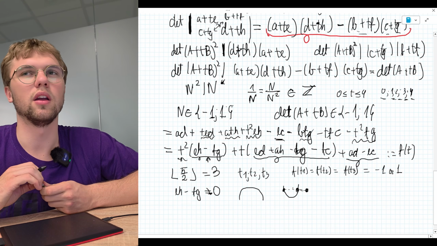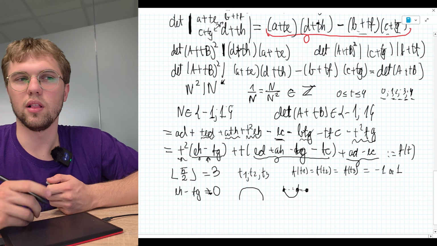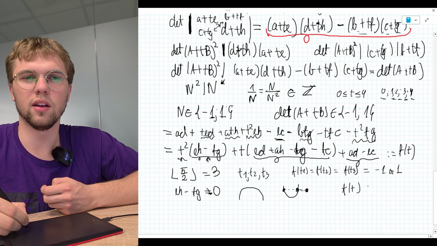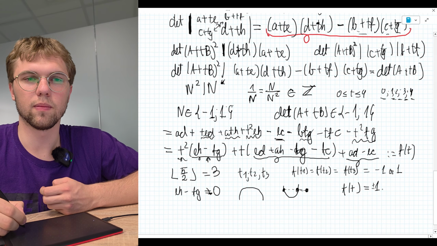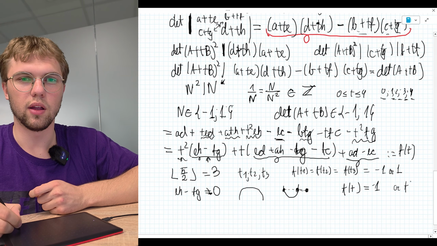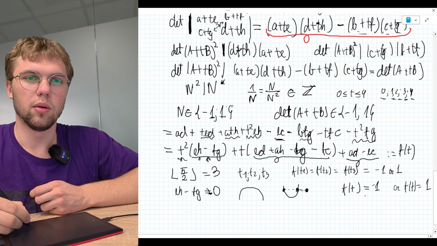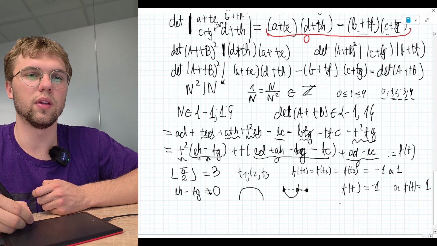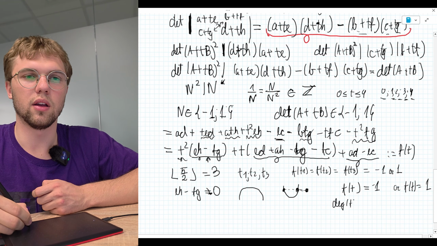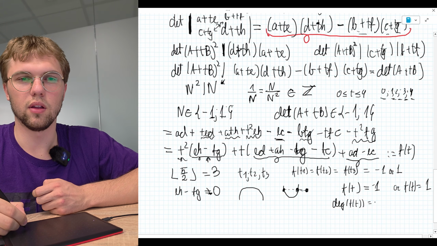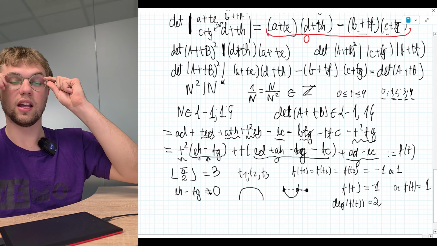You need to find the solutions to f of t equals -1 or f of t equals 1. But this can have at most the degree of f, which is 2. This can have only 2 solutions.